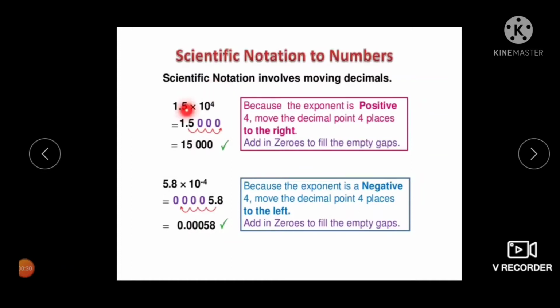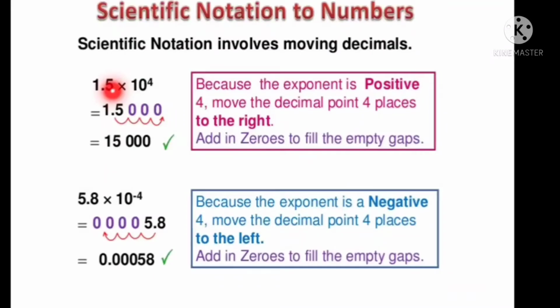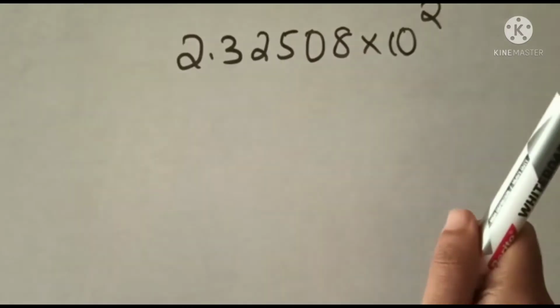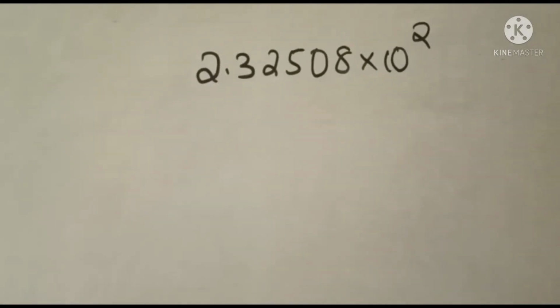In this case, the exponent is positive 4. Move the decimal point 4 places to the right. So we can write it as 15,000.